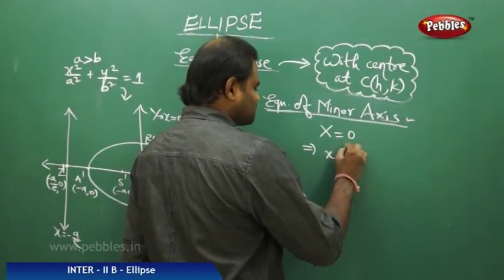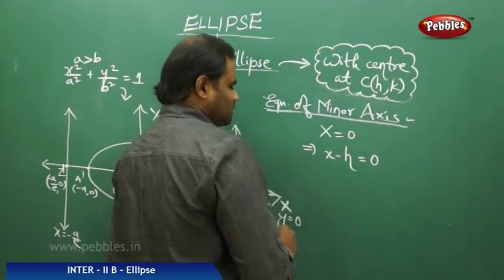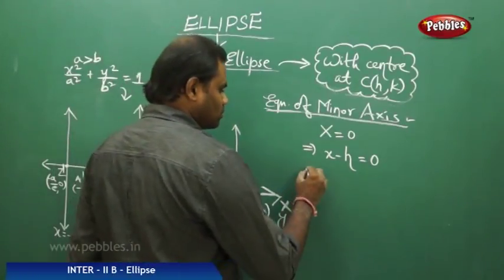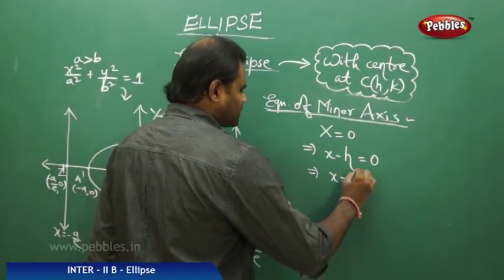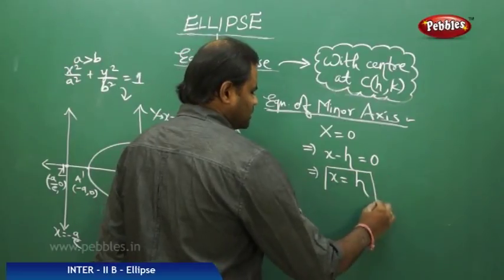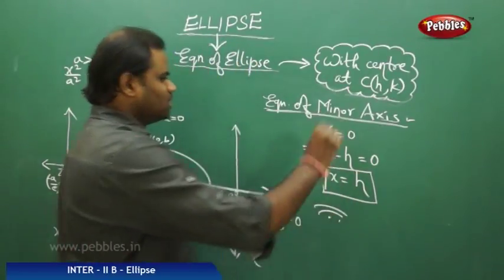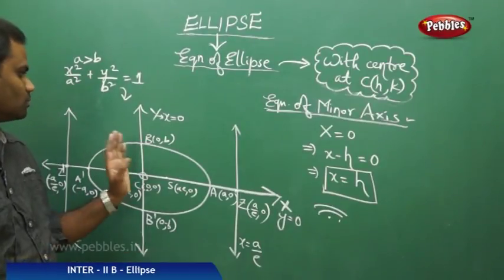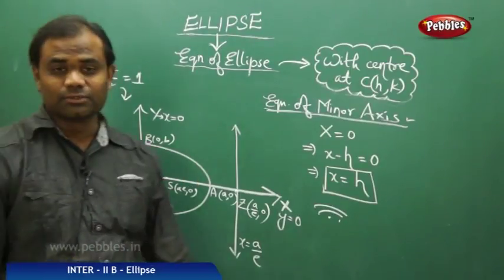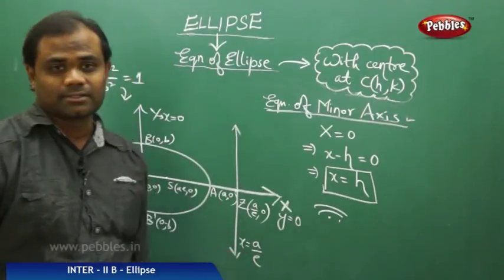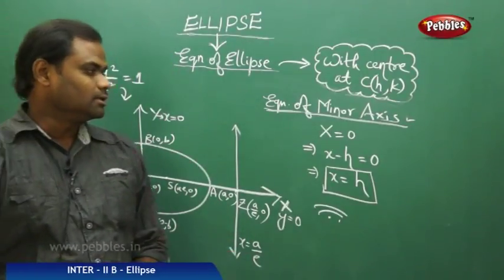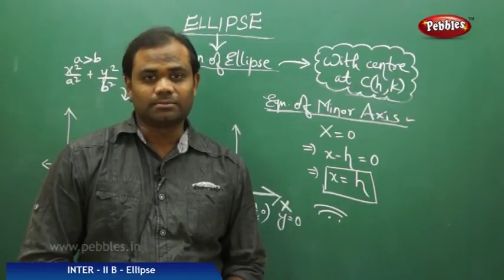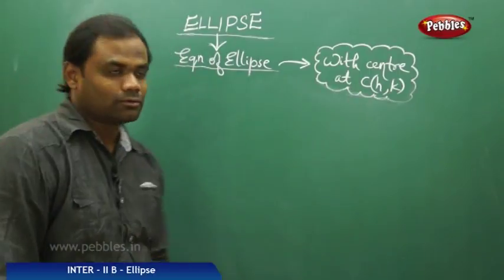That implies x minus h equal to 0, that implies x equal to h is the equation of the minor axis, which is a line parallel to the y-axis and a distance of h units from the y-axis. This is how we understand the equation of the minor axis for the transformed equation of the ellipse.